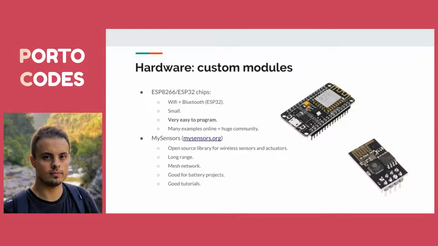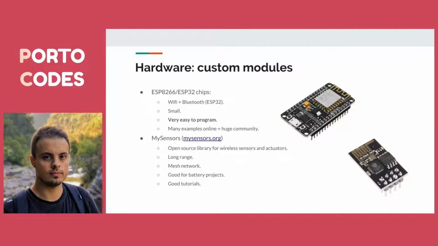But you also have MySensors, which is good for battery projects. Let's say you have a sensor somewhere in the middle of, I don't know, nowhere. Yeah. And need to connect a motion sensor to it. MySensors is very cool because the radios it uses are not the Espressif ones, are not Wi-Fi ones.